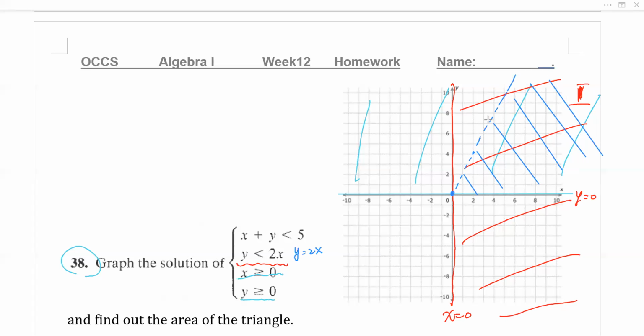So let's find the third, final one. In this one, x plus y less than 5. So we can change it to y less than negative x plus 5, right? So they cross 0, 5. The line is y equals negative x plus 5.